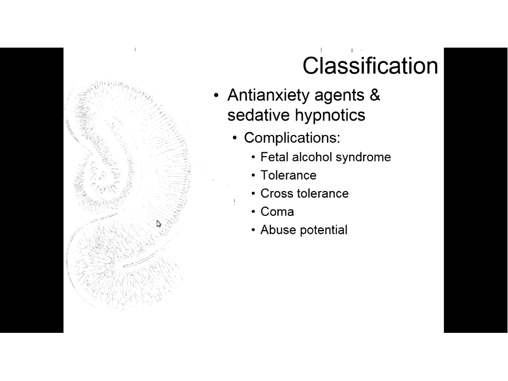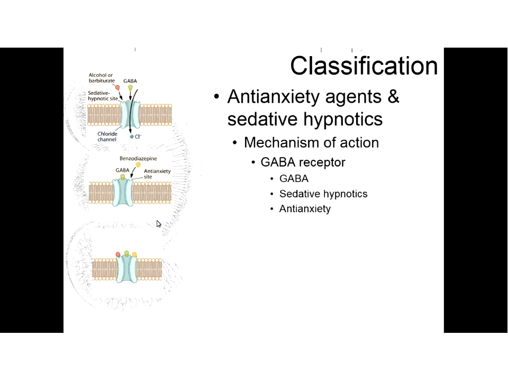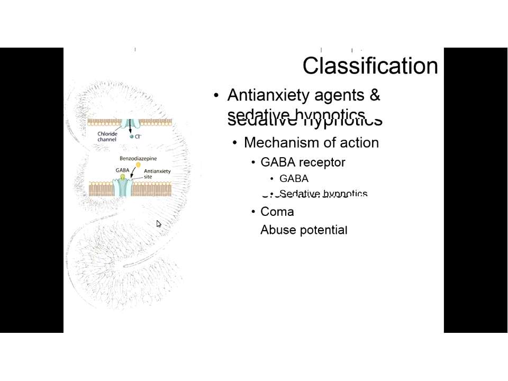What's interesting to note within this group is that you can get cross-tolerance. For example, if you drink a lot of alcohol and build your tolerance, that's going to change the functioning of the GABAergic system and its firing, so that now benzodiazepines or these other agents may be less effective.